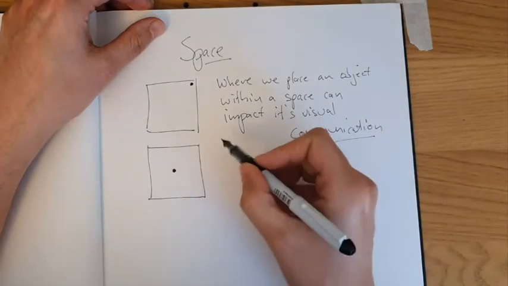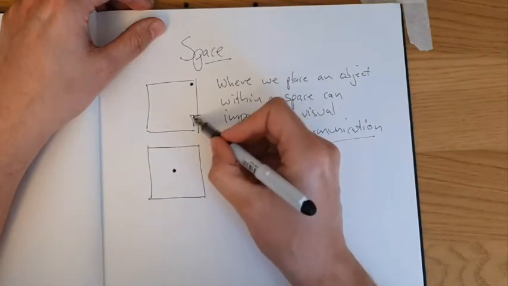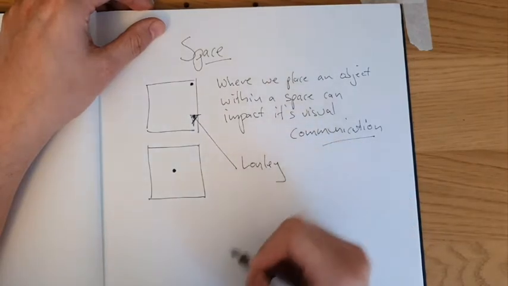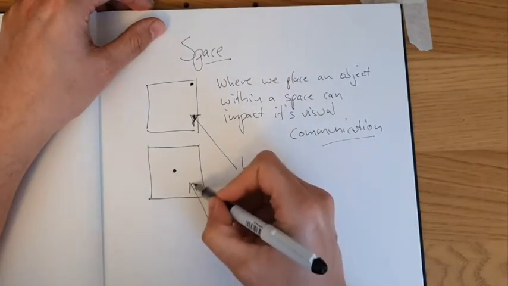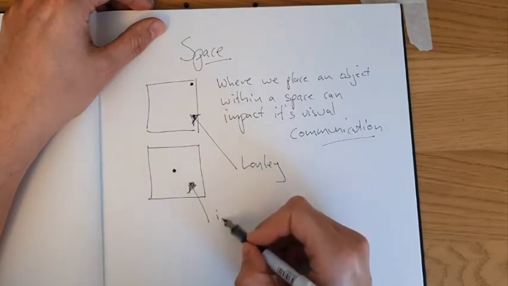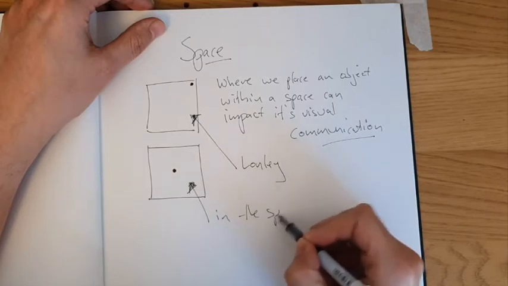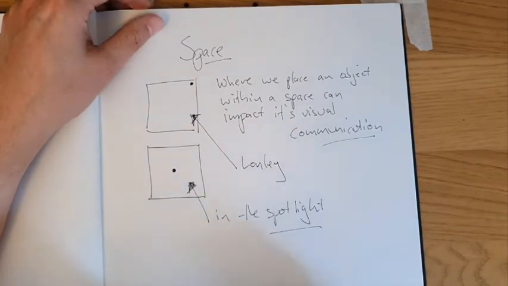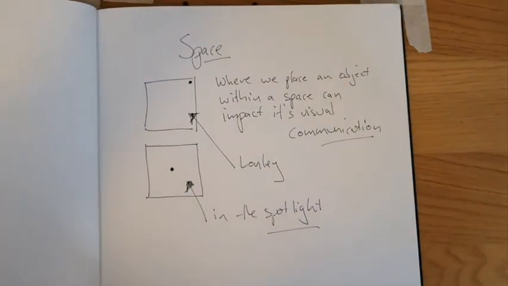So for example, this point here is the lonely point. Whereas this point here is in the spotlight. Now, that's how you communicate emotion with space.